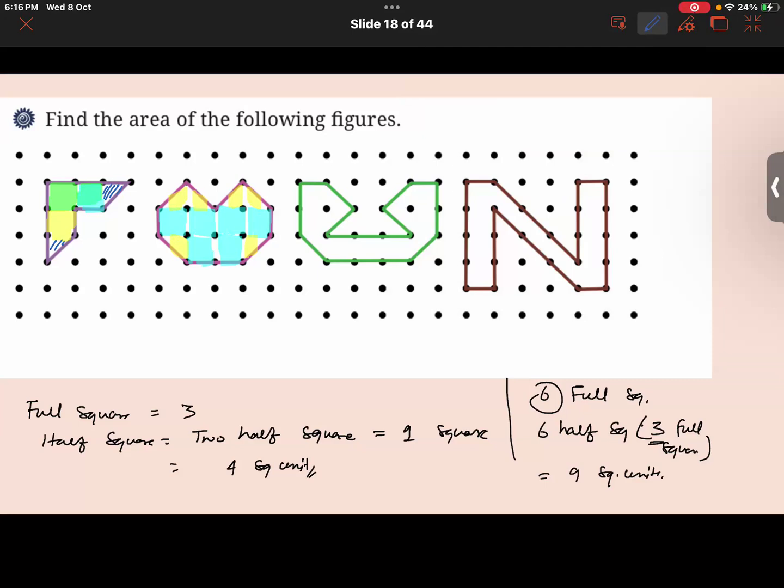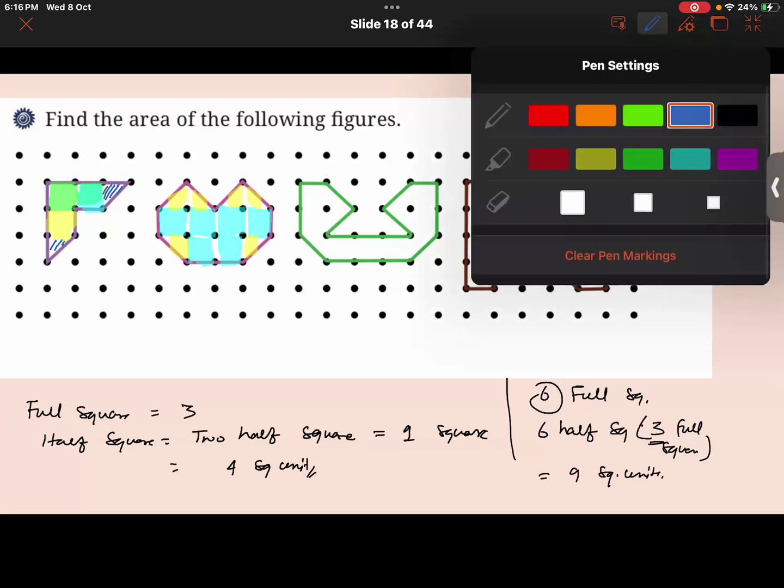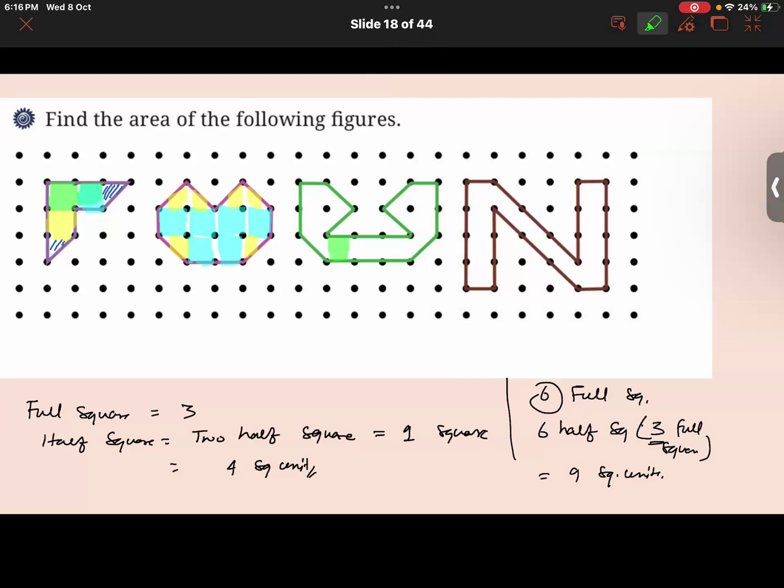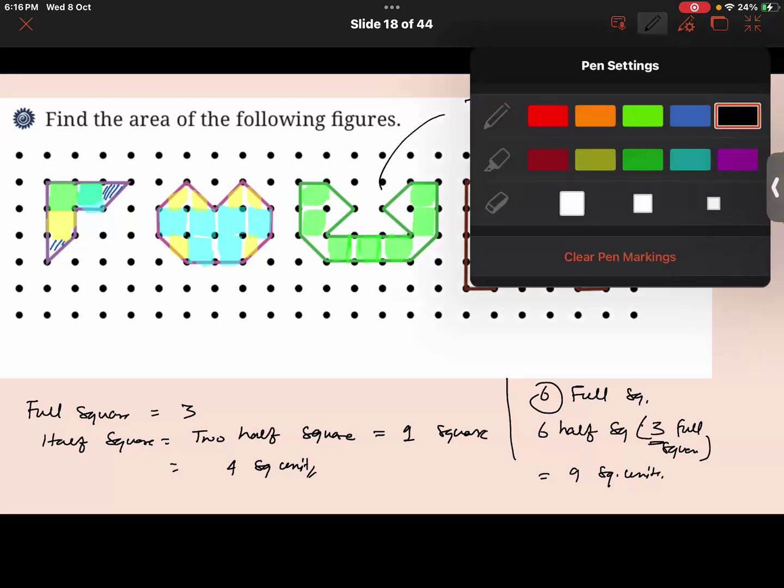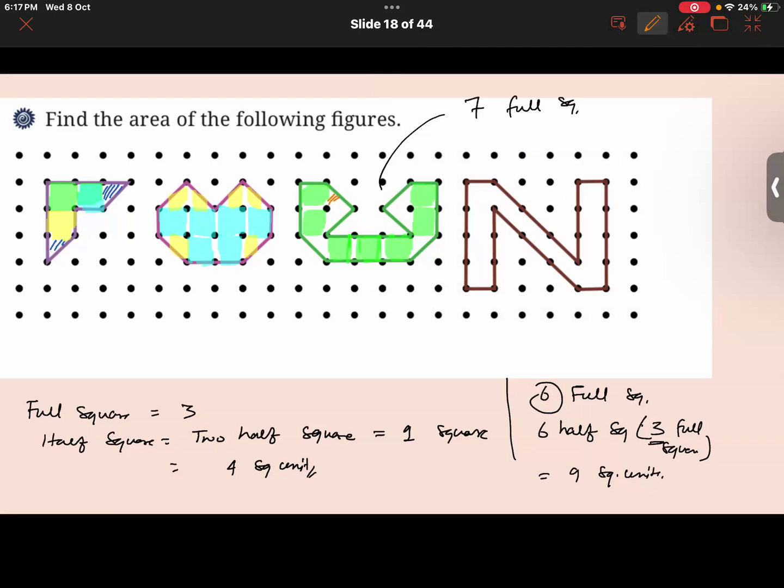11, you are saying. Okay, 1 second. So 1, 2, 3. I'm leaving this space between them so that we can count it properly. So 1, 2, 3 over here, 4 and 5, 6 and 7. So here you have 7 full squares. And how many half squares did you count?